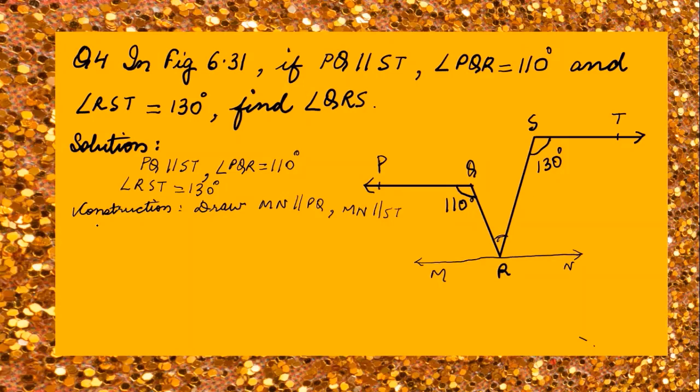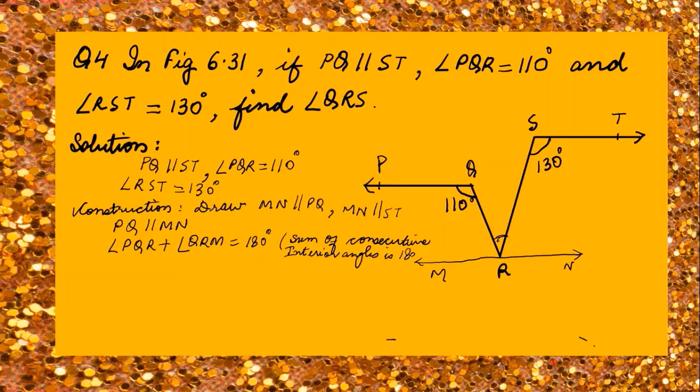Okay, now you know if PQ is parallel to MN, then this angle PQR plus angle QRM equals 180 degrees. Why? That is, sum of consecutive interior angles is 180 degrees.